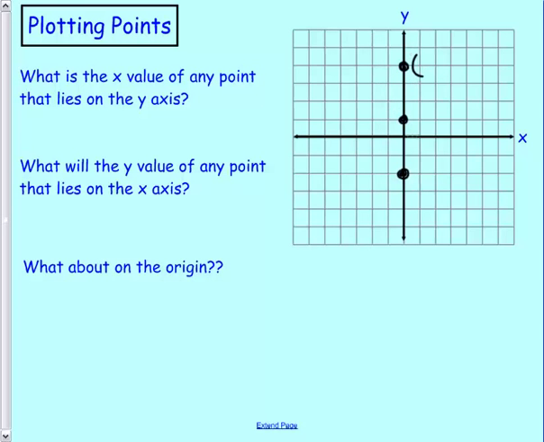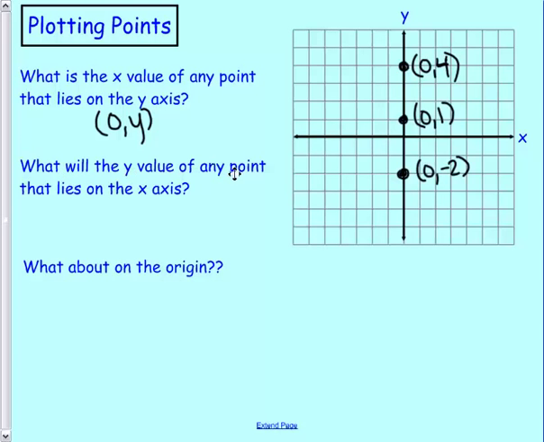This one would be up 1, 2, 3, 4, so it's staying at 0, and it's a +4. Here it's staying at 0, and it's a +1. Here it's staying at 0, but it's a -2. What do they all share in common? It's always 0, y. The x is always 0.